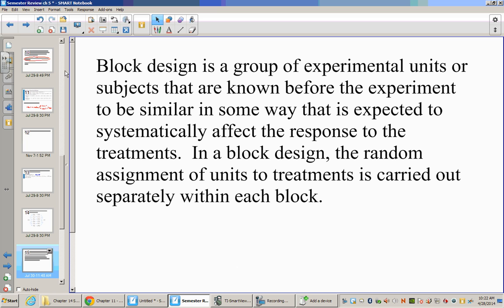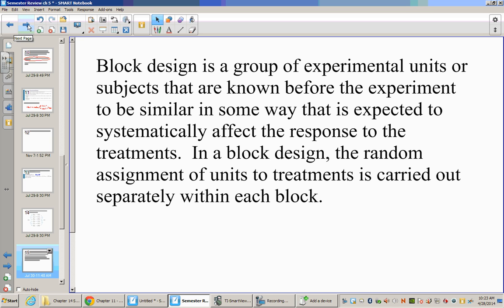Another type of design is called the block design. You use a block design if you know that there's something about the study, or something about the people or experimental units, that you have a hunch will lead to different results, so that it's expected to systematically affect the response.